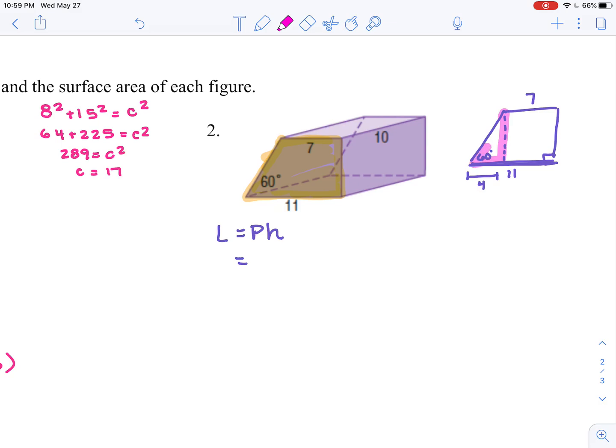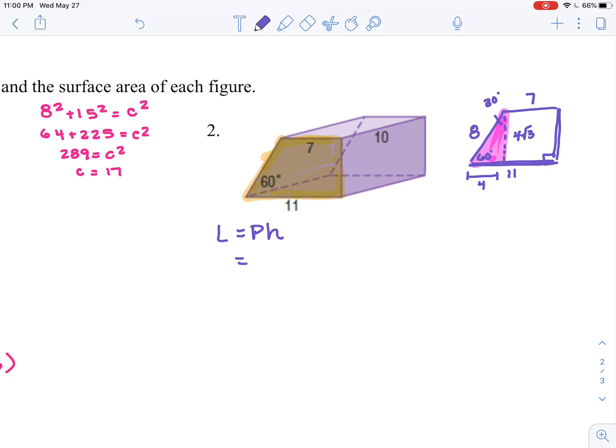Now I'm going to focus in on the 30, 60, 90 triangle that I've created over on the left side of this picture. So in a 30, 60, 90, the short leg is 4 units long. So the hypotenuse, which is the 2n side, must be 8 units. And the long leg, which is n root 3, must be 4 root 3.